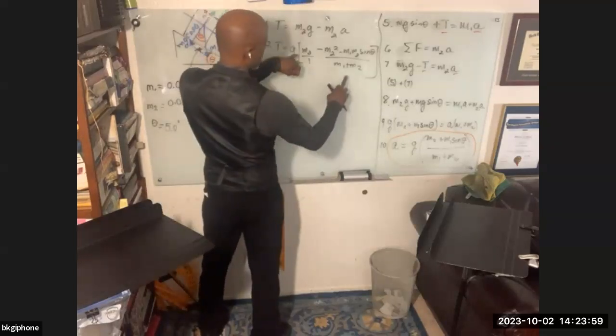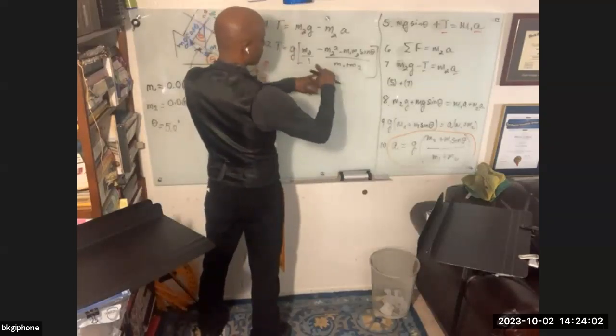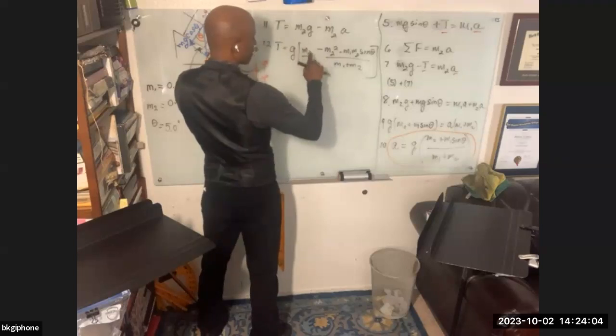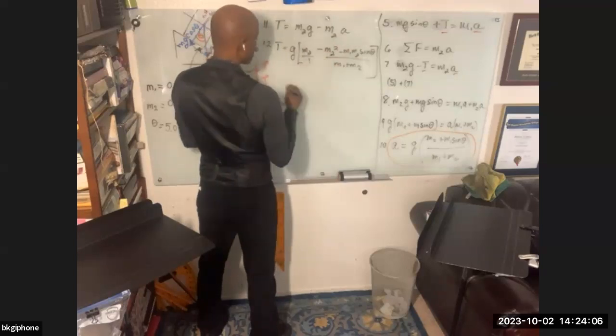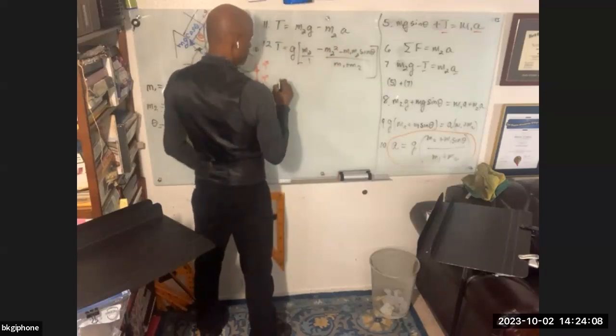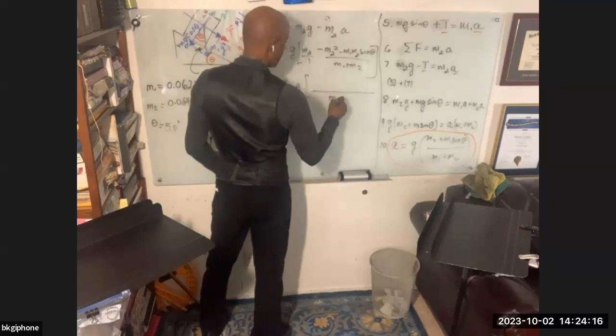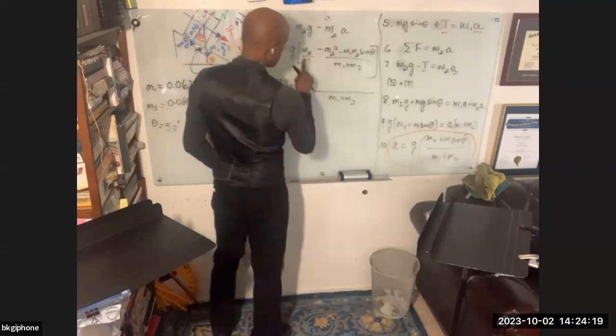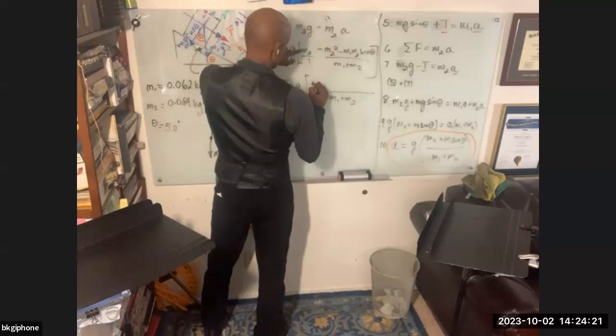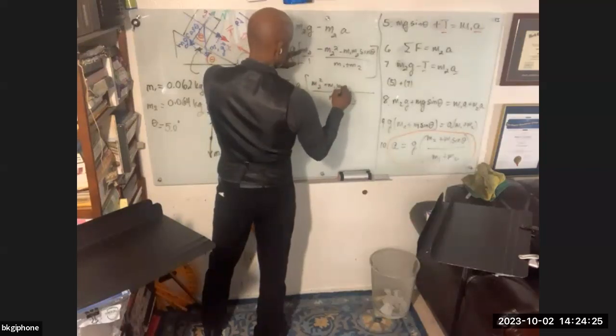But now I've got to get the common denominator between M1 and M2. So that's multiplying this thing by M1 plus M2 over M1 plus M2, which will kick out another 2 terms. So T is equal to G, still outside. And the denominator of everything will have M1 plus M2. And the 2 terms I get from here are going to be M2 squared plus M1 M2.